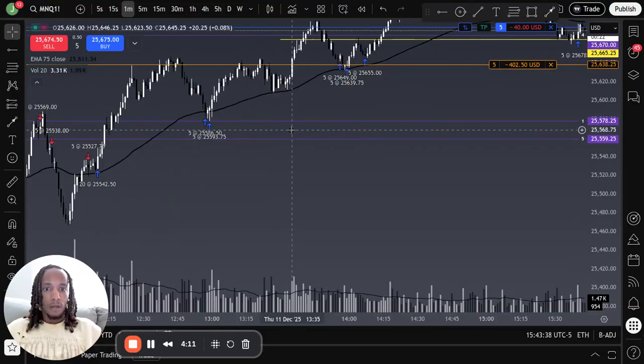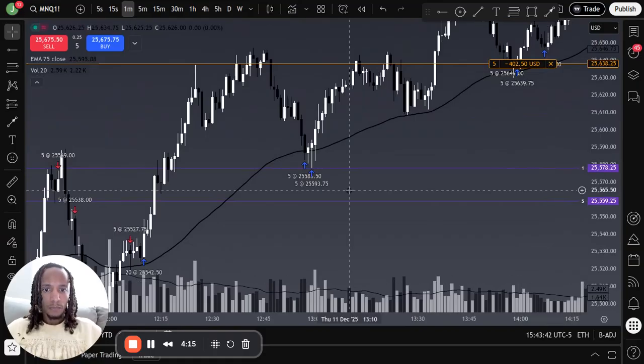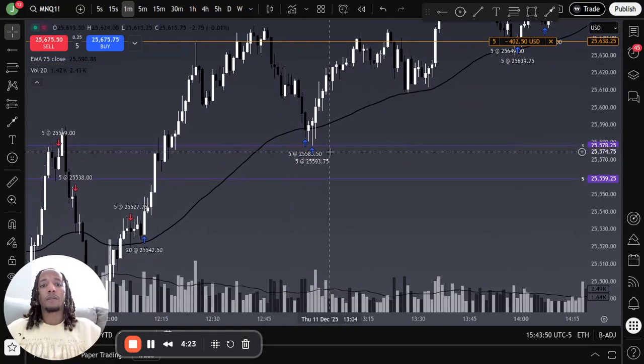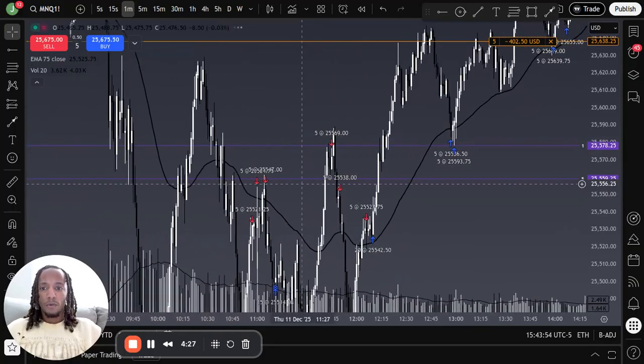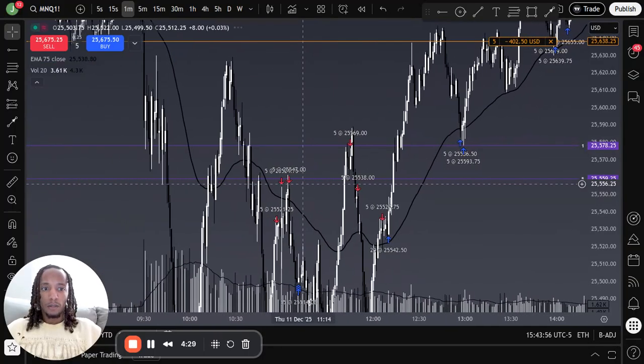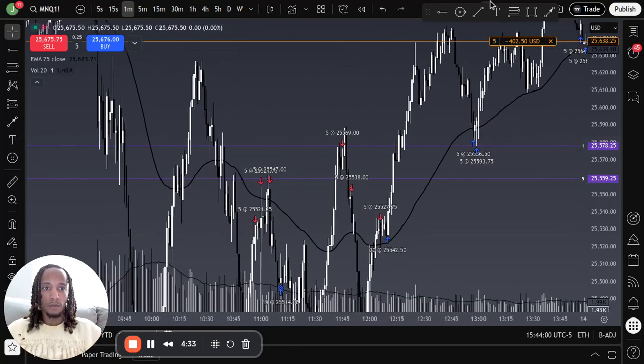And I think what happened was this is on the 1 because it says I entered right here, but that doesn't really make sense. Unless, no, that's right. So I had a limit order right here, but I'm trying to think what level it was on. I think it was the low. Yeah, it was the low.